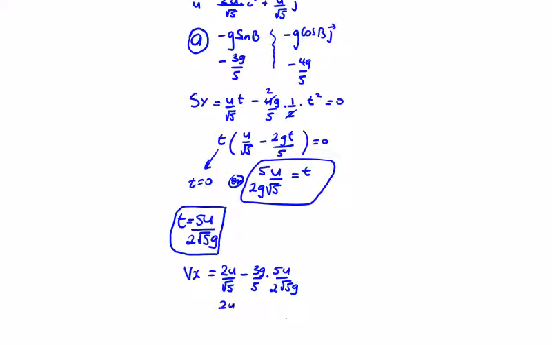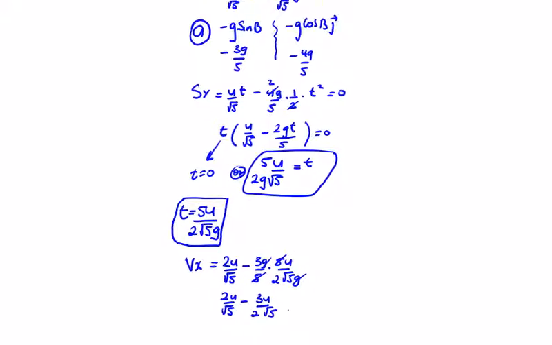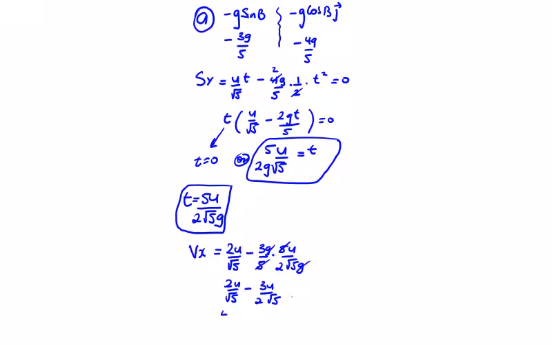This simplifies to 2u over root 5 minus, 5's cancel and the g's cancel, so we get 3u over 2 root 5. So having them both over 2 root 5 will be 4u over 2 root 5 minus 3u over 2 root 5, which is just u over 2 root 5 for the velocity in the x direction.